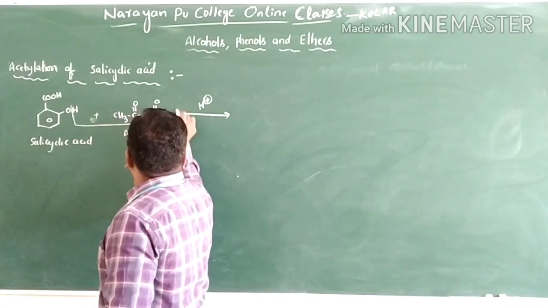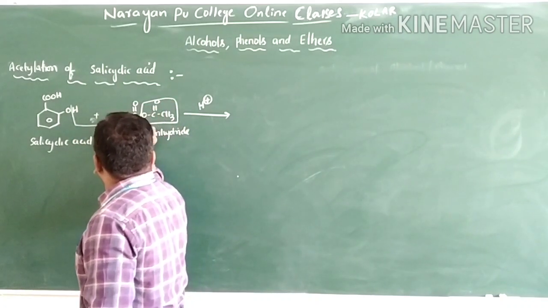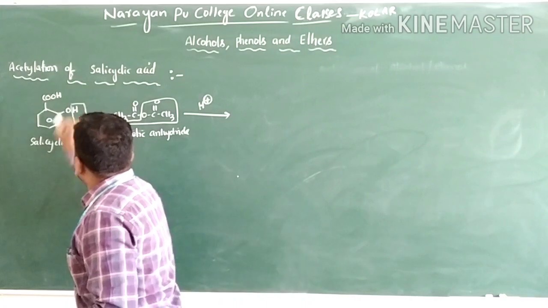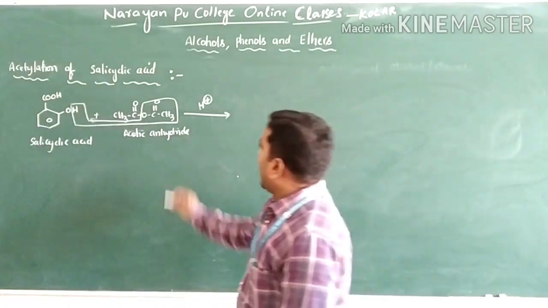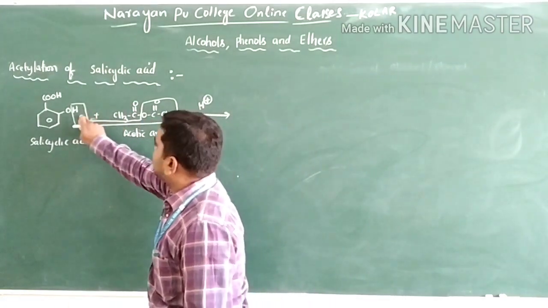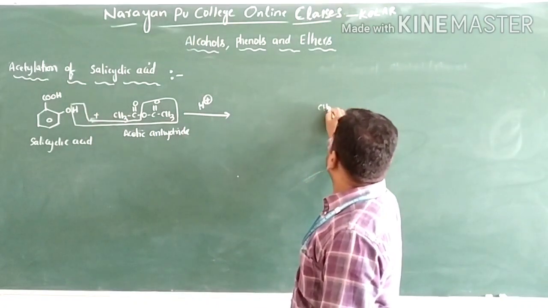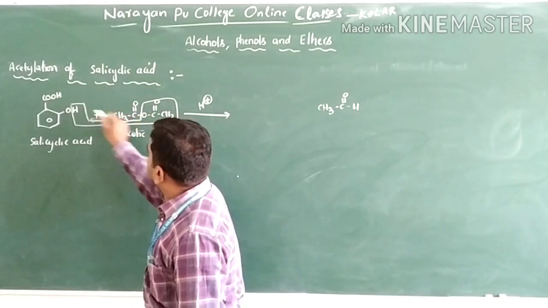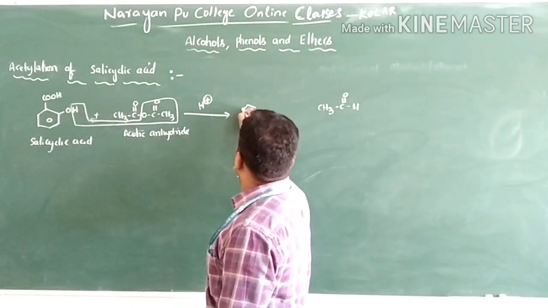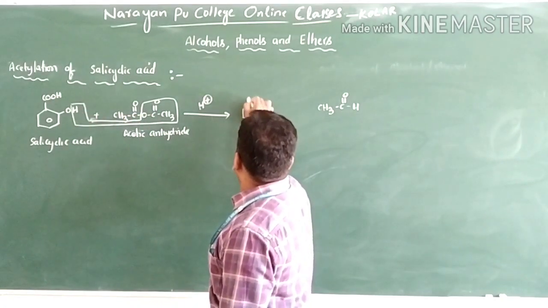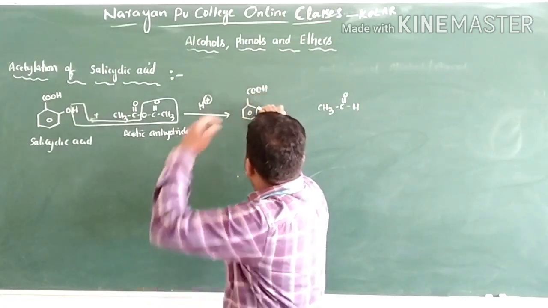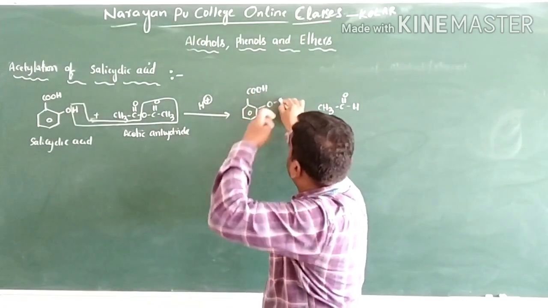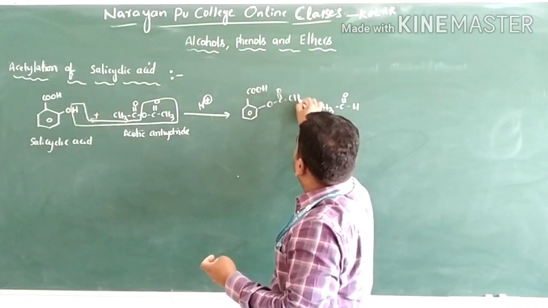Here the H of the OH group will be removed, and CH3COOH acid will be removed. This acetyl group, the CH3CO group, will be added here. Then what we will get is COOH and here OCOCH3.